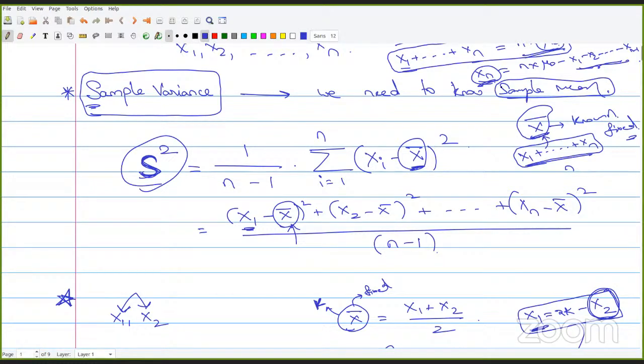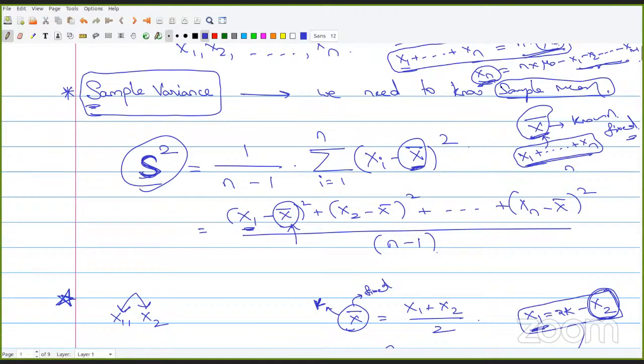You can see in the student t distribution, we replace sigma with s. When s comes into the picture, the normal z will convert to a t distribution, and the number of degrees of freedom will be one less than the total number of samples. It follows t with n minus 1.